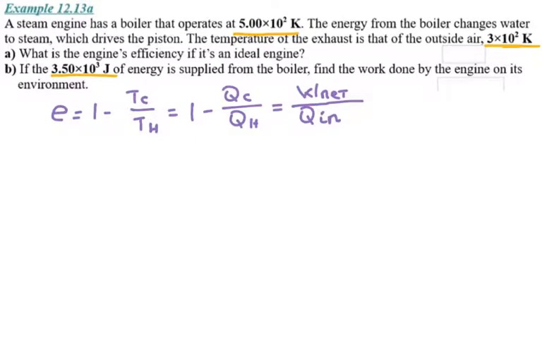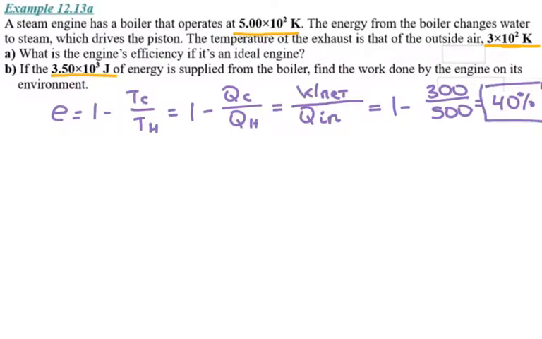So in our case we have the temperature, so we can plug in the temperature. We have 1 minus 300 over 500. So in this case we have a 40% efficiency engine.